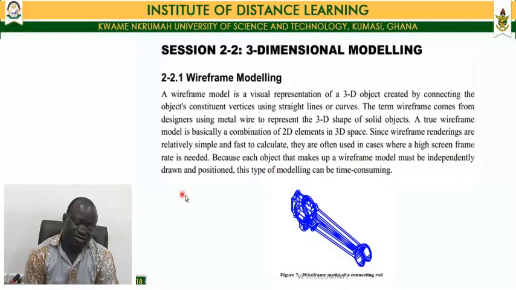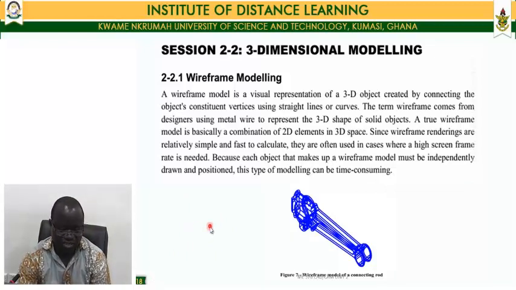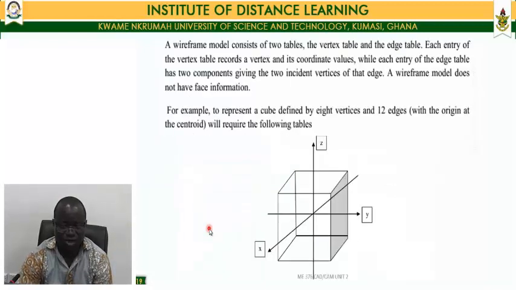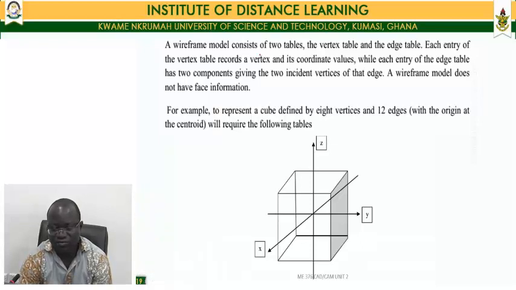Now, if you look at a wireframe, you basically have two tables that could help you to generate a wireframe model. One is the vertex table and then the edge table. Each entry of the vertex table records a vertex and its coordinate values.